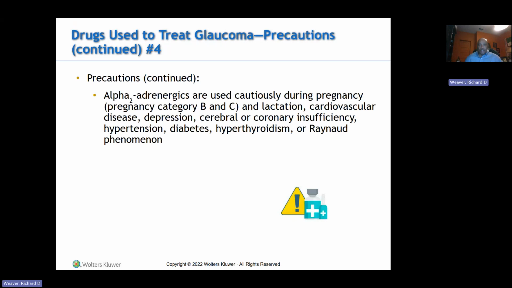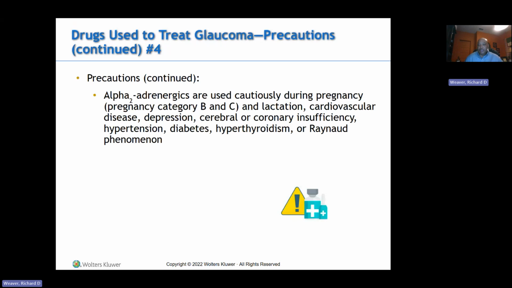All right. I did also provide some additional information as to why these different precautions were listed, like, for example, hypertension. The adrenergic drugs can affect blood pressure and should be used cautiously in patients with hypertension, as they may cause a further increase in blood pressure or heart rate. Or for example, cerebral or coronary insufficiency.